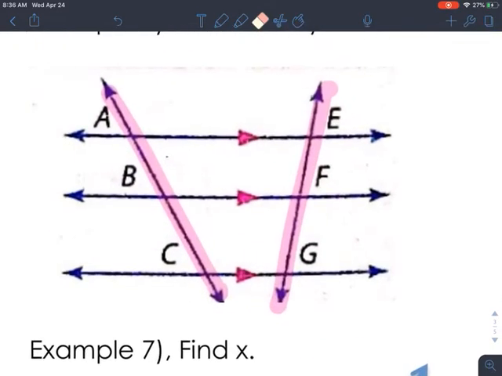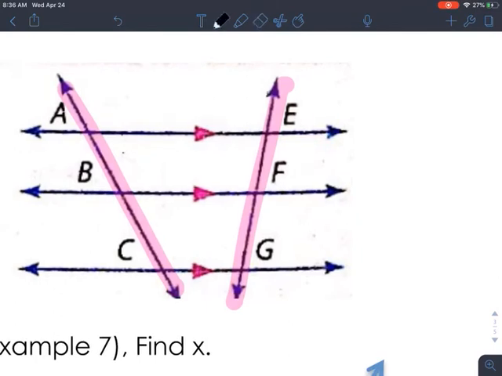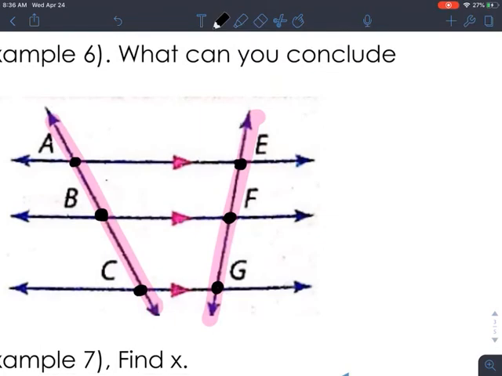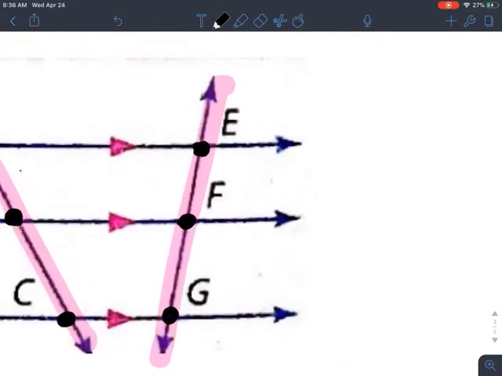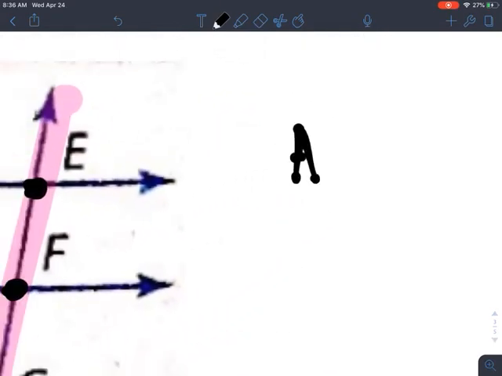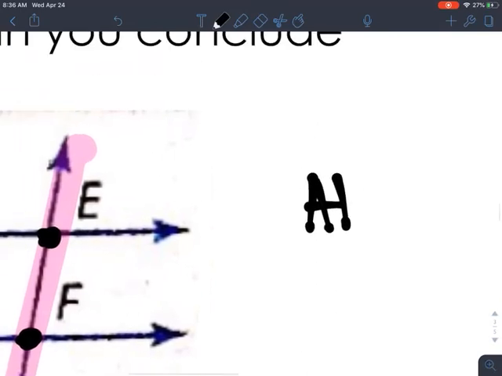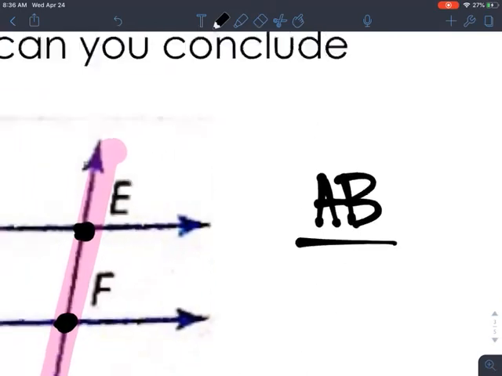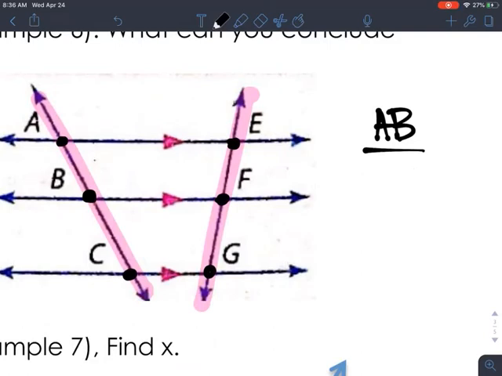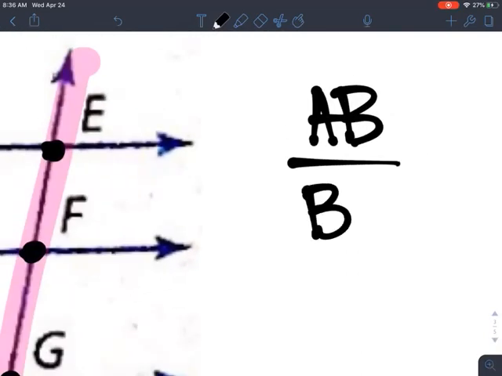So if I look at my 2 transversals AC and EG, we look at the segments that are now split. And these segments right here are cut proportionally. So what that means is I can write my scale factors or my proportions and say that this segment AB, all right, and I'm going to stay within that same transversal, is to BC.